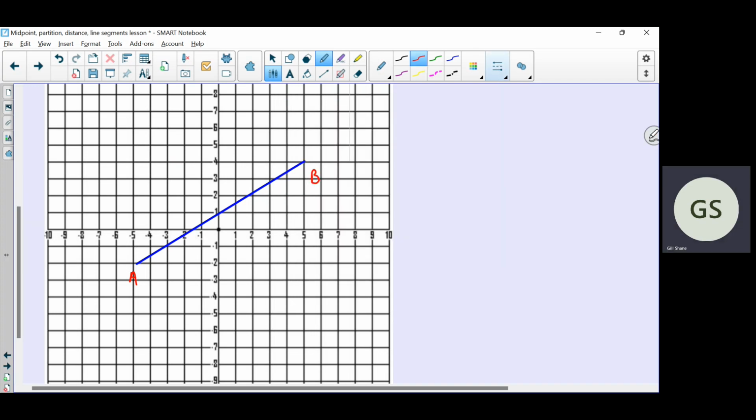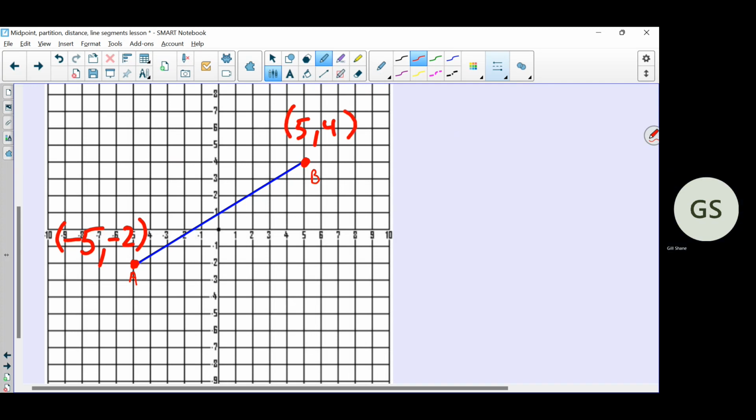Just assume that the line does go all the way there. I think my line got crooked at some point. So this is -5, comma, -2. Hopefully you know how to tell where a point is. I'm not going to do a lesson on that. This is 5, 4.